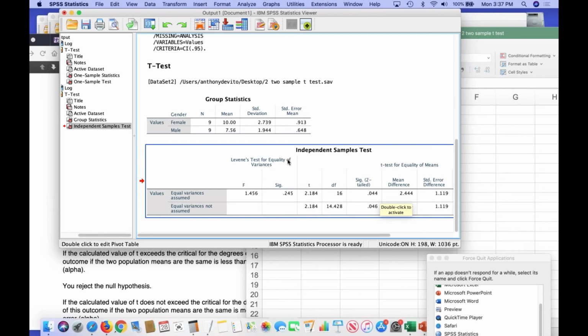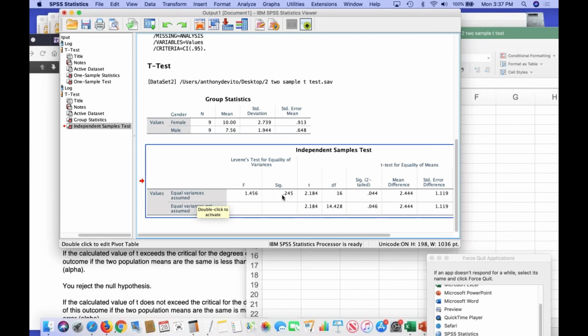This test assumes the same way as we did before a null hypothesis, where the variances are equal to one another. So in other words, we're going to stick with the top row unless there's less than a 5% chance that they're unequal. Okay, so equal variance is assumed. If this is greater than 0.05, we'll stay here.